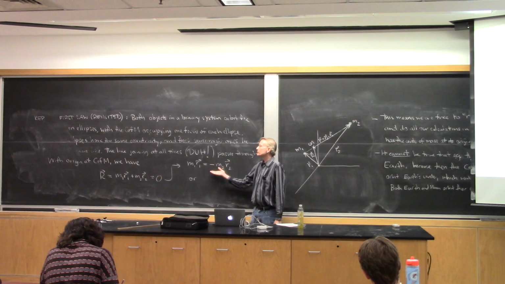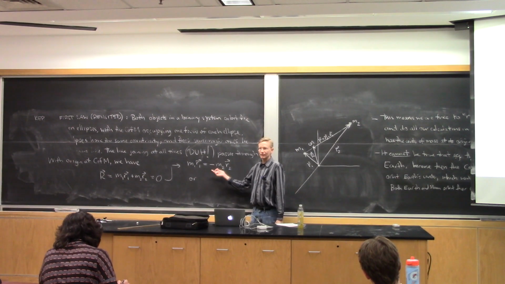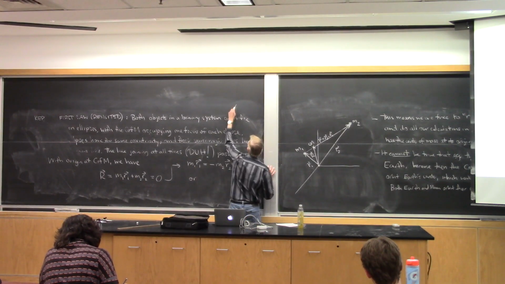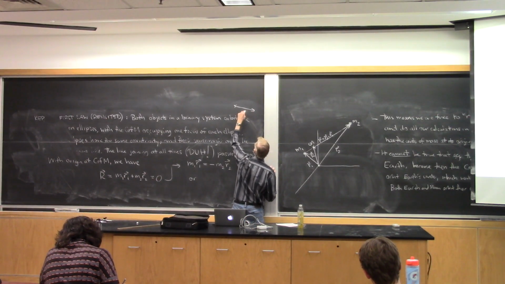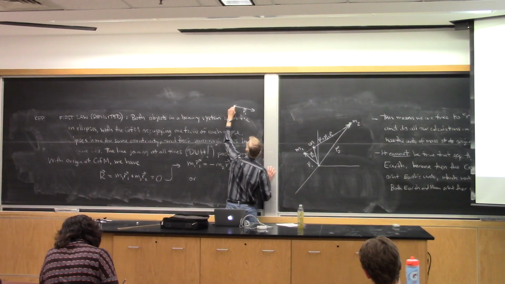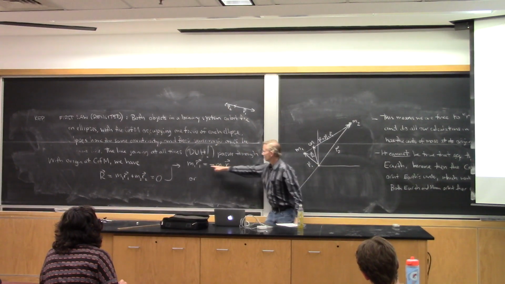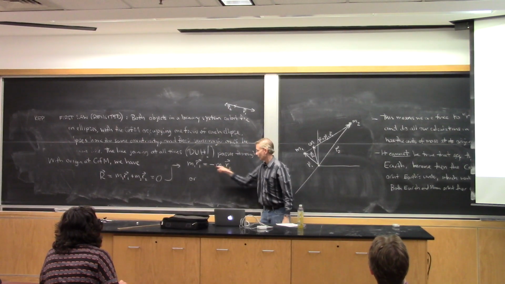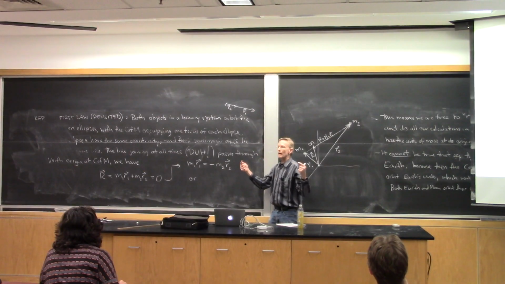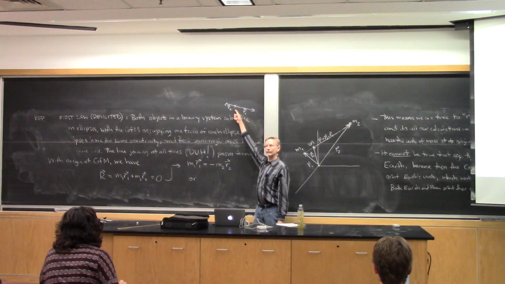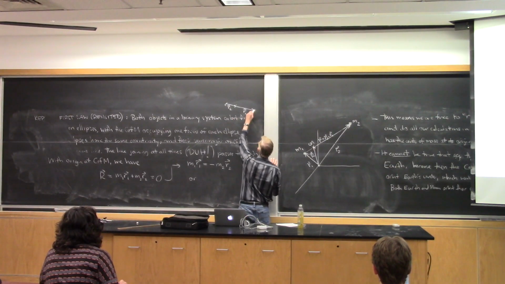And this is what tells you that the center of mass is along the line joining them. Relative to the center of mass, here's one of them, and the other one must be in the other direction because of that minus sign. So r1 and r2 are pointing in opposite directions, and therefore the center of mass is on the line joining the two masses. That's how you know that.